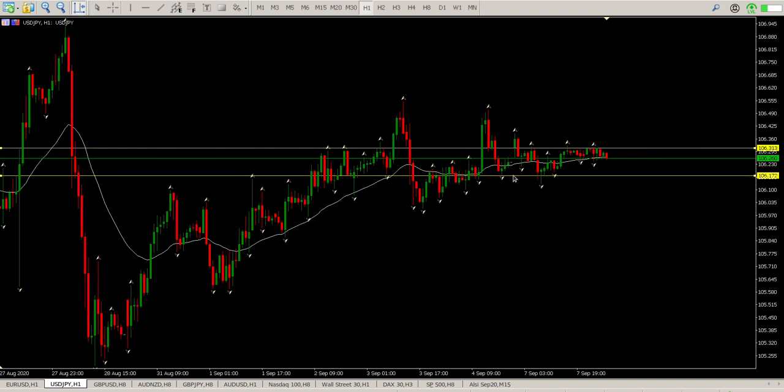I think I'll be a little bit more conservative and bring it down here. So you need a break above 106.313, or you need a break below 106.172 before you start looking at this. That would anticipate the breakout that seems to be brewing.